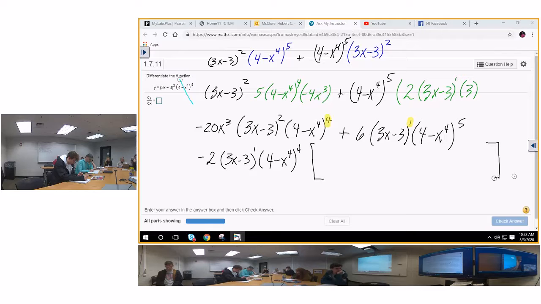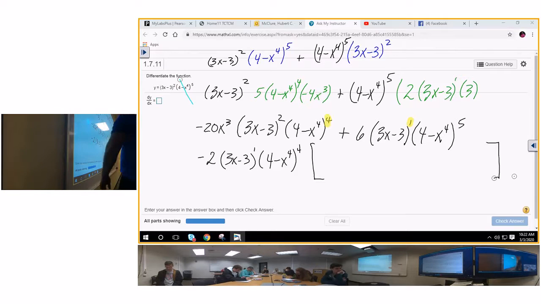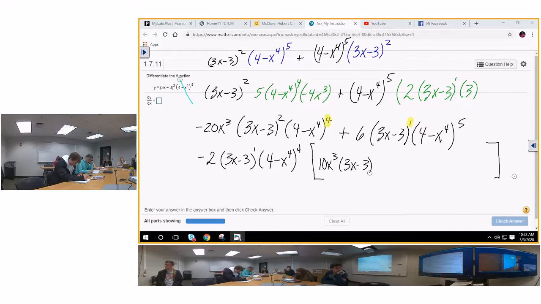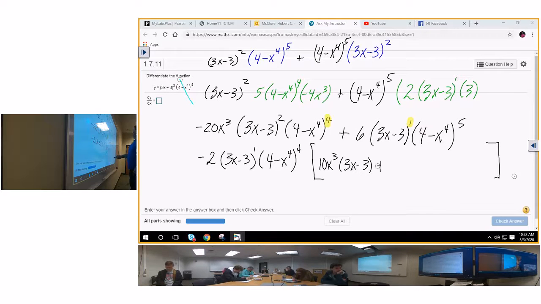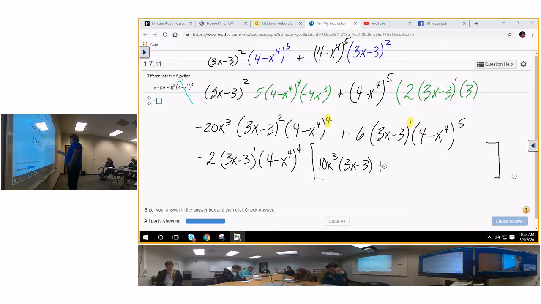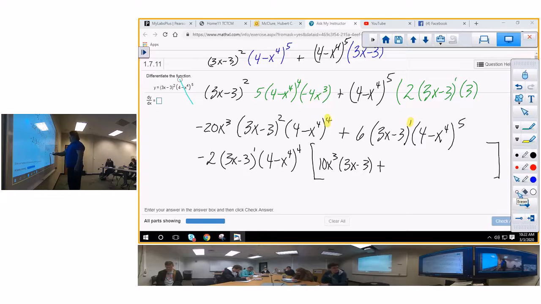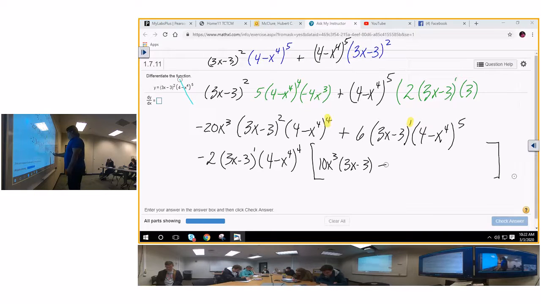So 10x to the third, and then 3x minus 3, and then that cancels. And then minus 3, sorry. Factor out a negative, that'd be a negative 3.